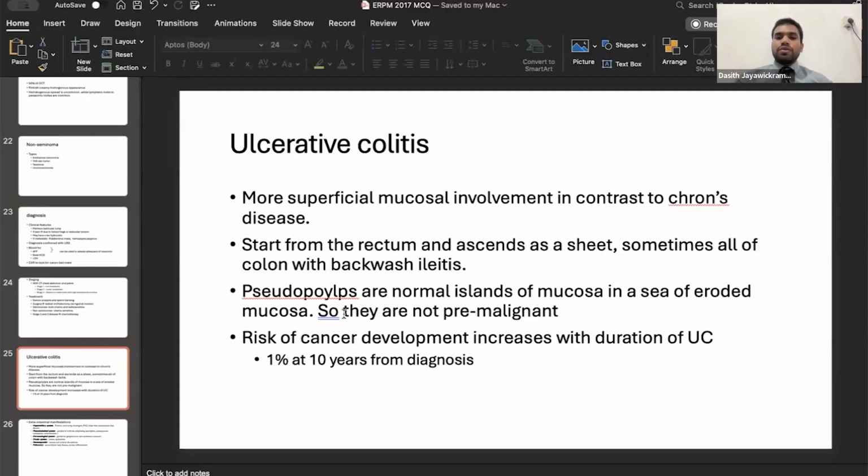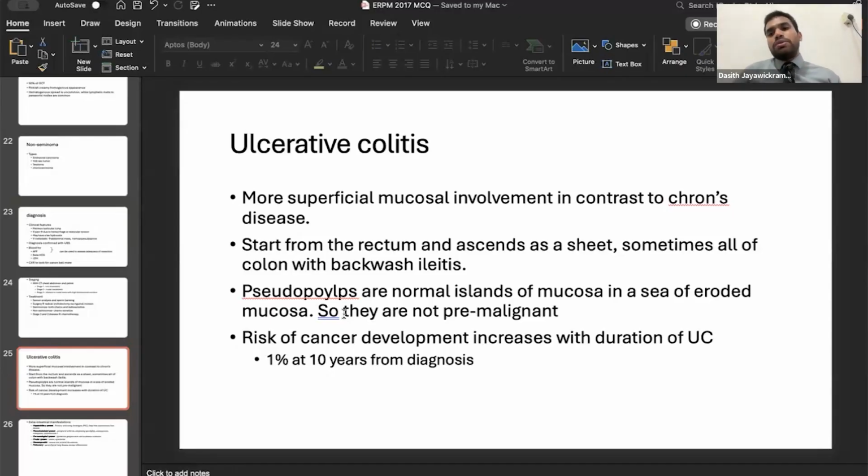It starts in the rectum and ascends proximally, and sometimes the entire colon can be involved. If the entire colon is involved, there could be some degree of terminal ileum involvement also. It's called backwash ileitis. Now, in this MCQ there's one thing called pseudopolyps.